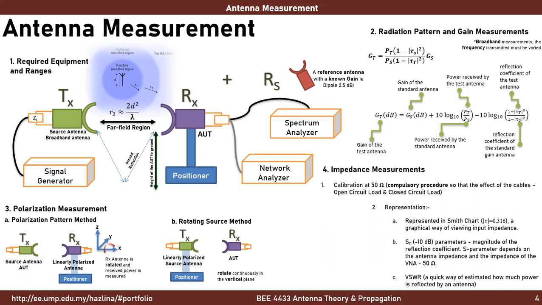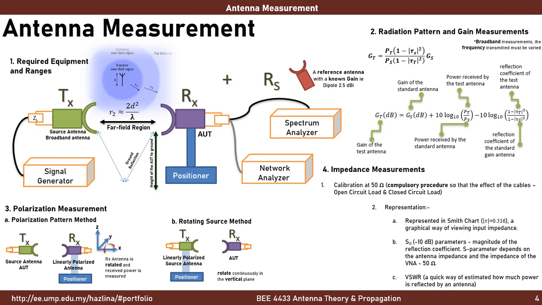Finally is the impedance measurement. The measurement is done using a network analyzer. An important step before the measurement is to calibrate the analyzer at 50 ohm. This is a crucial step to eliminate the effect of the cables in the open circuit load and closed circuit load.